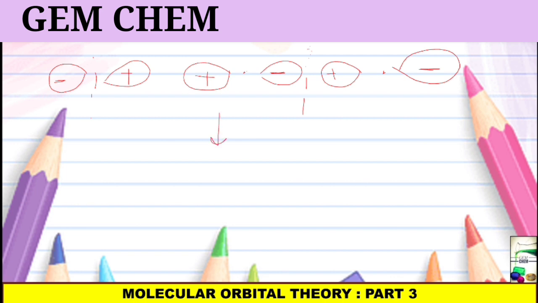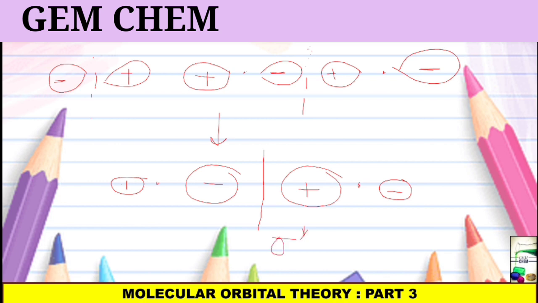So this will combine finally to give here positive small, negative big. Here we have a node plane, positive, and this is negative. So this is our sigma star 2s 2pz, and this is weakly antibonding.